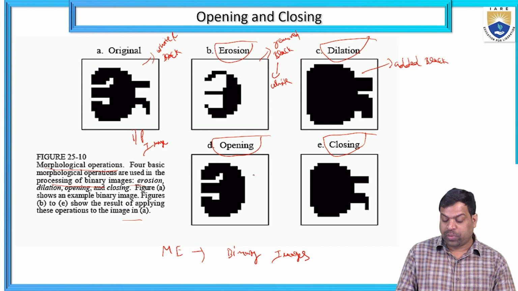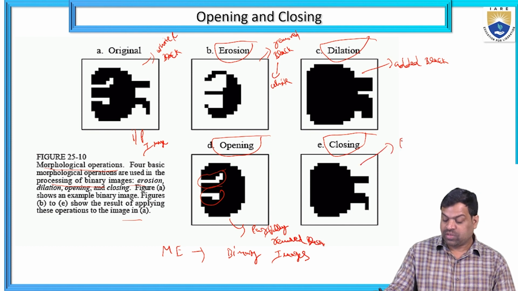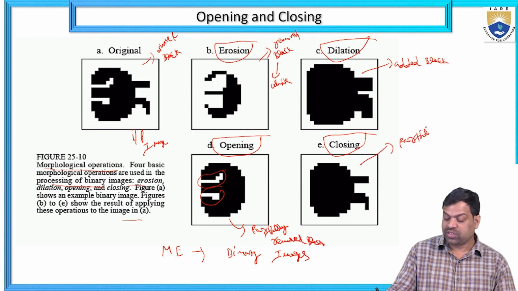When I am going for the opening, what is opening here? What is happening here? Partially.